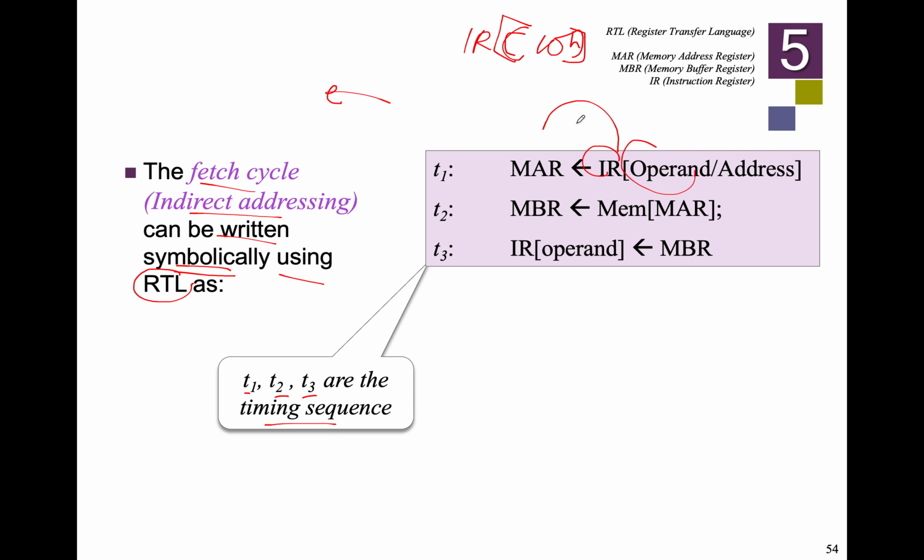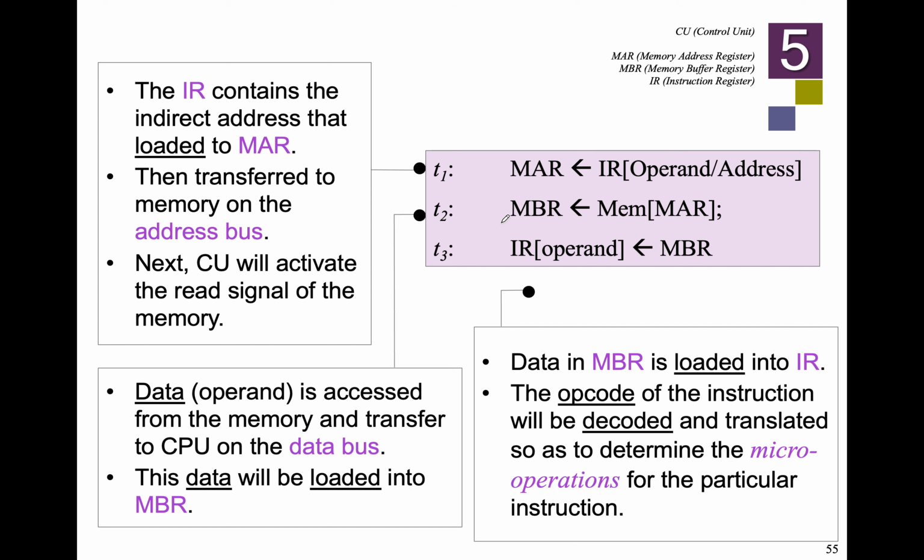Then you're going to put it into your MAR and do all this, but we're going to see it in detail in this page. Okay, in our T1, the IR content of the indirect address is loaded to MAR, which is the indirect address, then transferred to memory on the address bus.